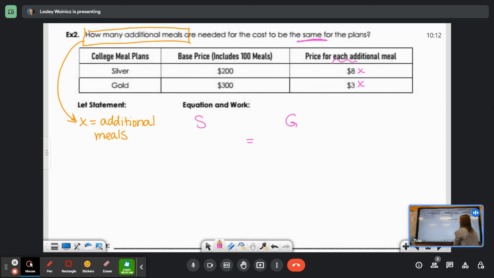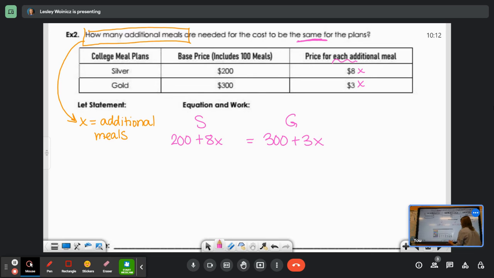And I want those to be the same. So for my silver plan, it's going to be $200 for the base price, which includes 100 meals. And then it's going to be $8 more for every additional meal. For my gold, it's going to be $300 for the base price and then $3 for each additional meal.